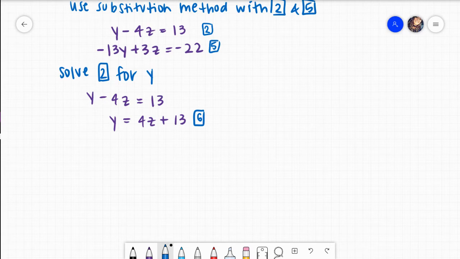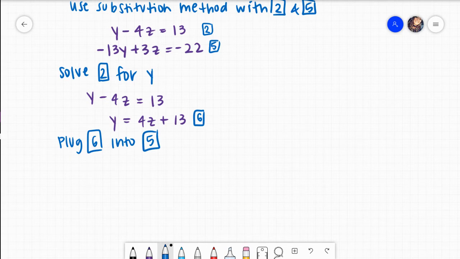So this is y equals 4z and then a positive 13. What I'm going to do is plug it into equation 5, right? Because this is where I'm doing my substitution work. So I'm going to plug my equation 6 into equation 5.